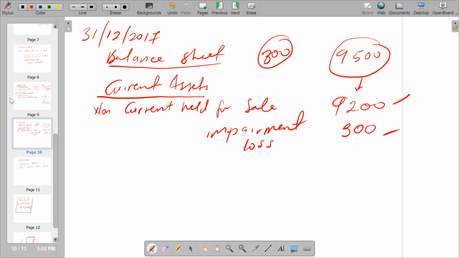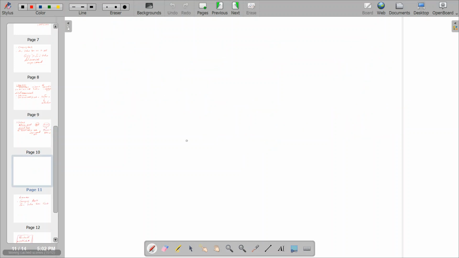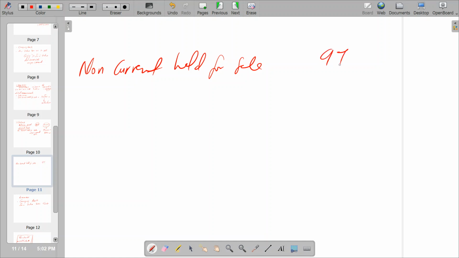Okay, so in that case, the non-current assets held for sale, we put it as 9,700, as at 31st December 2017. Now we have to compare it to the initial amount, which was 9,500.